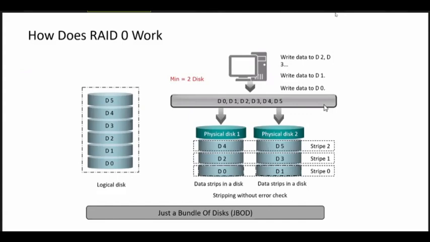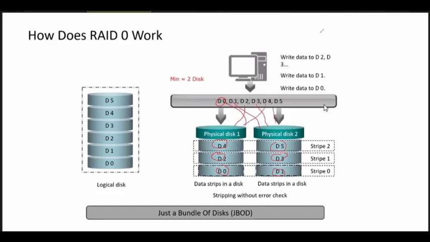How RAID 0 works? When you're saving data into disks, they save D0 into disk 1, D1 into disk 2, D2 into disk 1, D3 into disk 2, D4 into disk 1, D5 into disk 2. So basically, one here, one here, one here, one here, one here, one here.